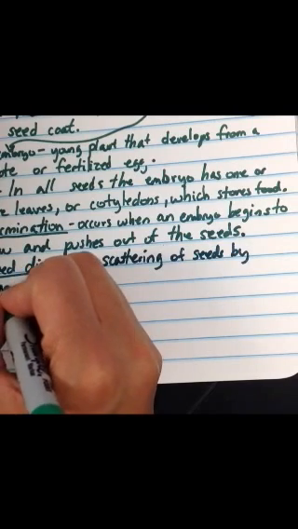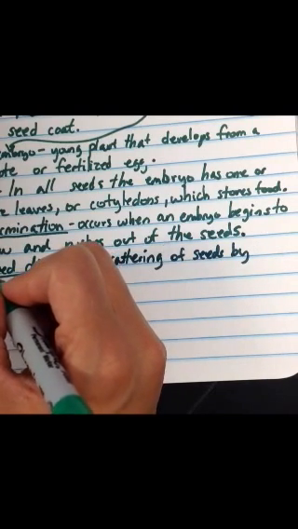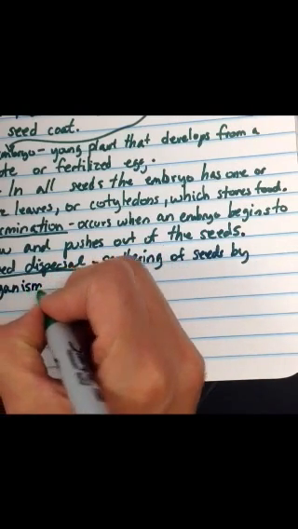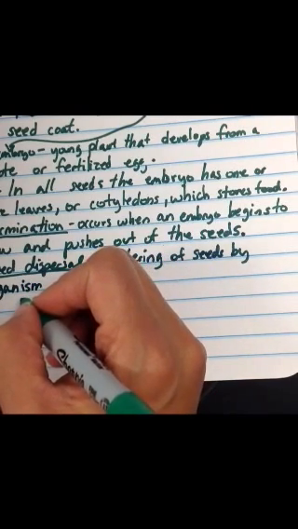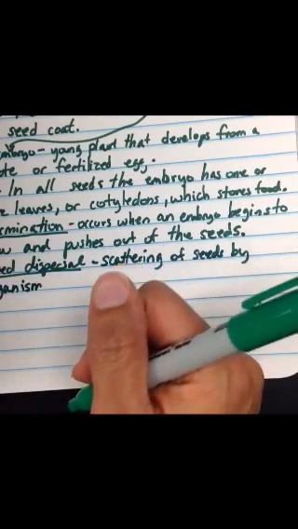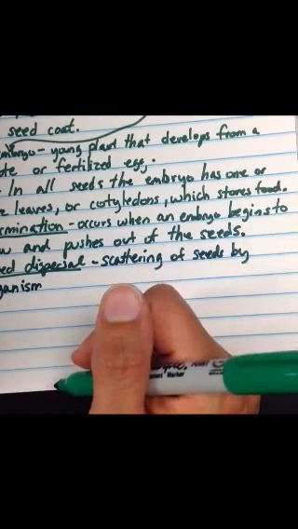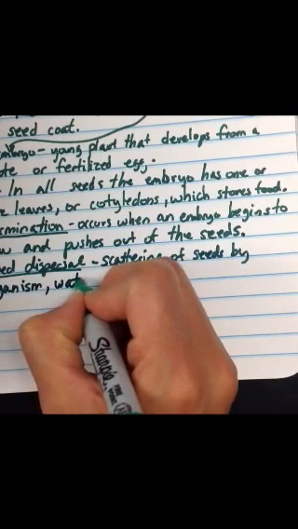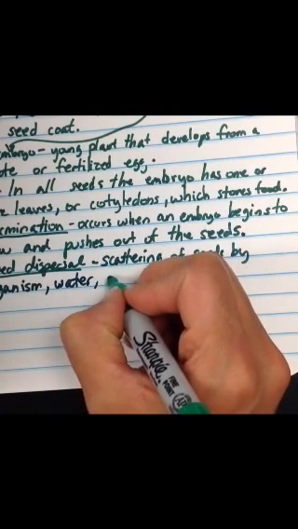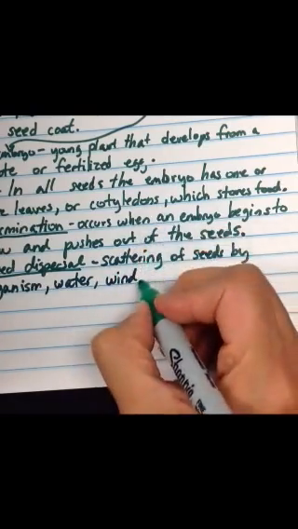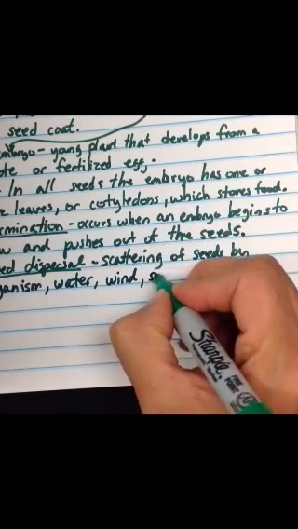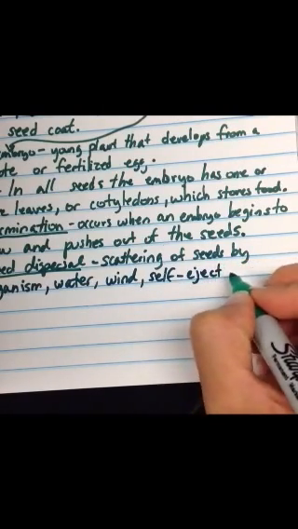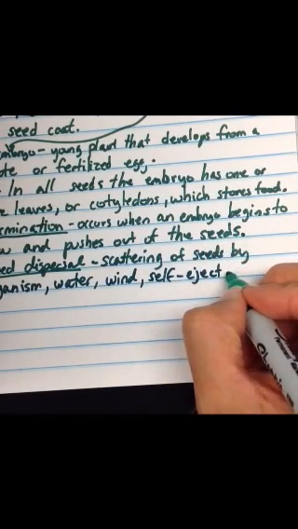Sometimes if an animal eats a fruit, it'll eat the seeds, and the seeds will go through its digestive tract, and when the animal poops, the seeds come out in the poop, and that way the organism has dispersed the seeds. Water can carry away seeds. The wind can disperse them. And some plants are able to self-eject, so they are able to propel the seeds off of them.